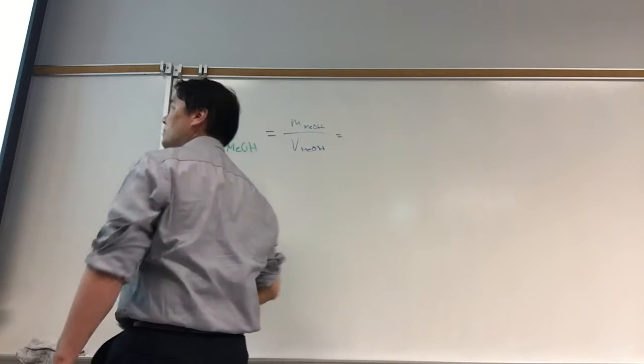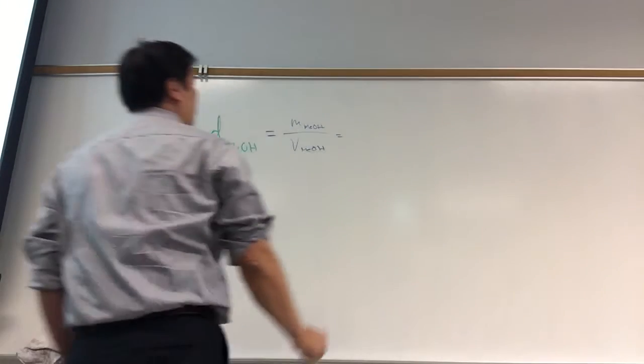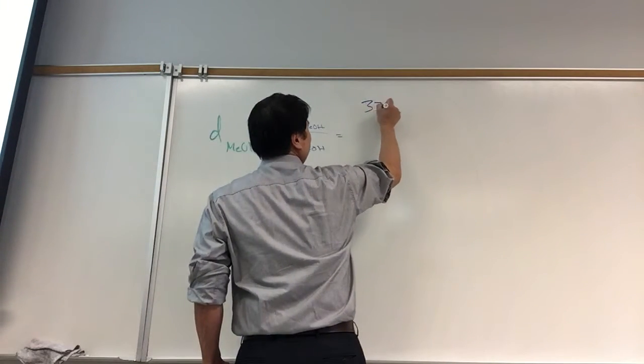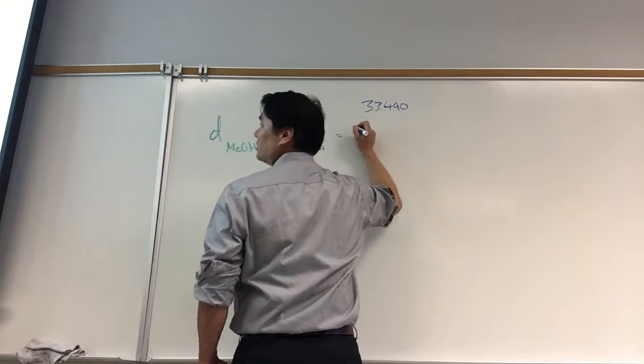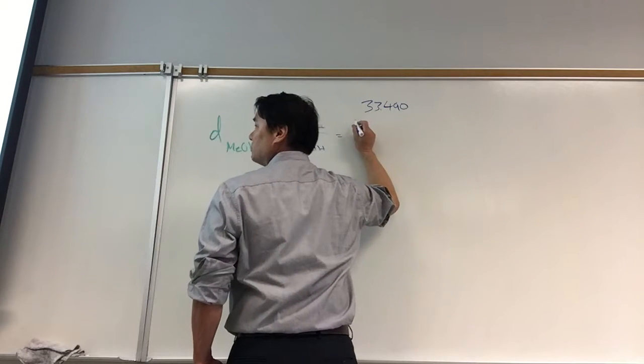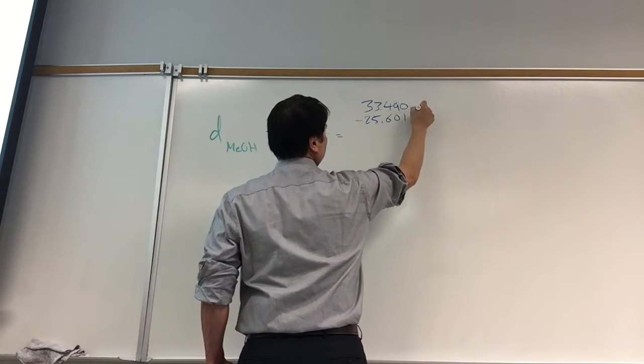And so we just need the mass of methanol. The mass of methanol we can get from here. We got to do this, 33.490 grams. And when we do a subtraction, I like to put it so that we can align the decimal places. Minus 25.601 grams.